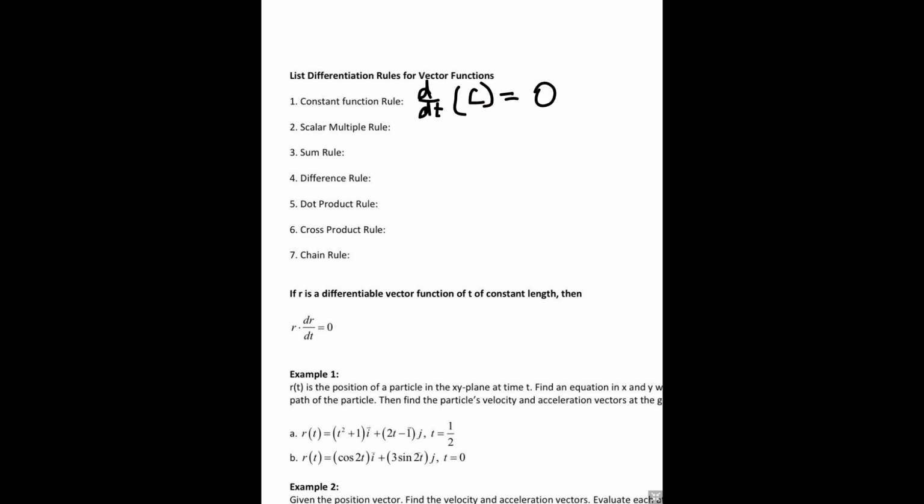Same kind of derivative rules. Next, if I take the derivative with respect to t of a constant times some vector function, I can take out the constant and then take the derivative of the vector function.